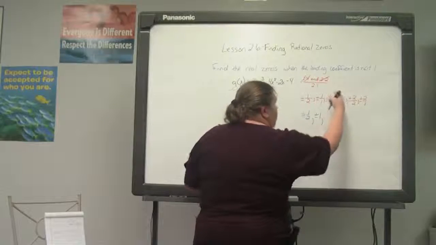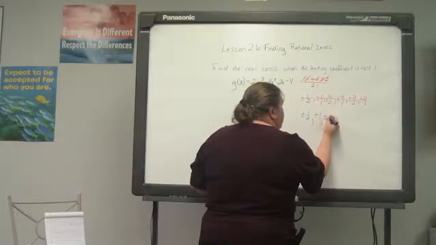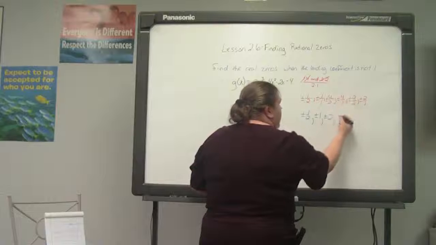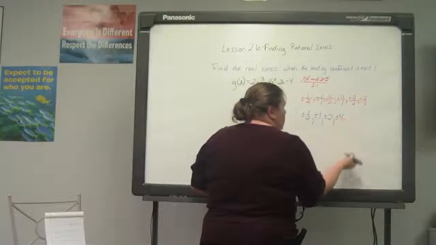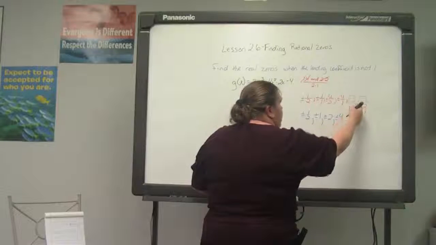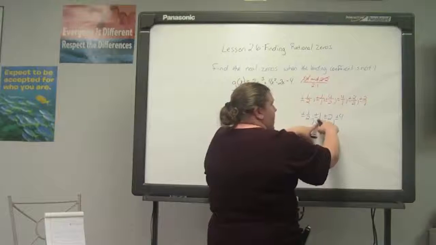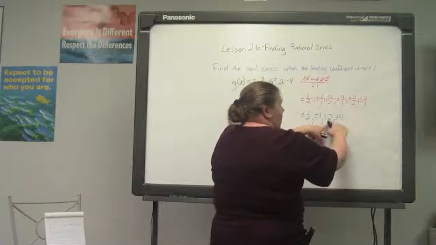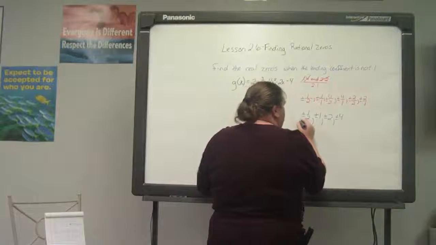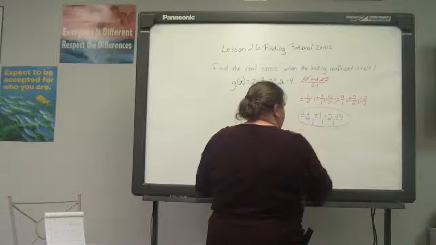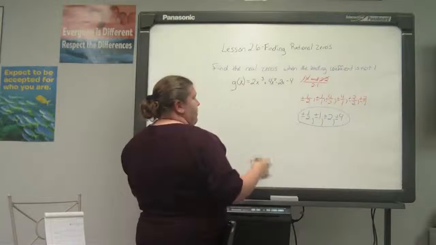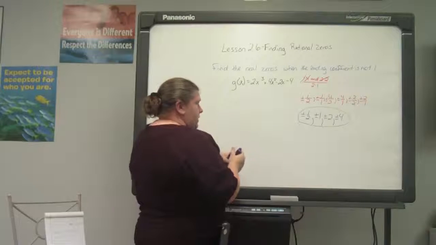We have 4 divided by 2 is a positive or negative 2. 4 divided by 1 is a positive or negative 4. 2 divided by 2 is 1. We don't have to list it since we already have it. And then 2 divided by 1 we already have. So here are all the possible rational zeros of this equation.